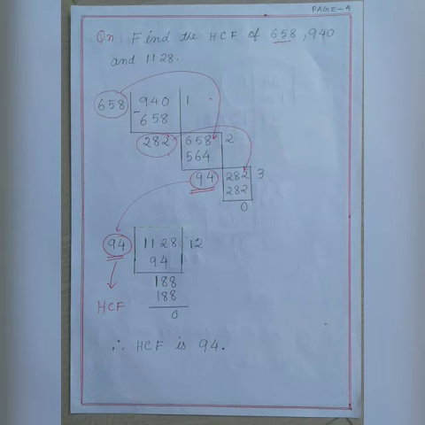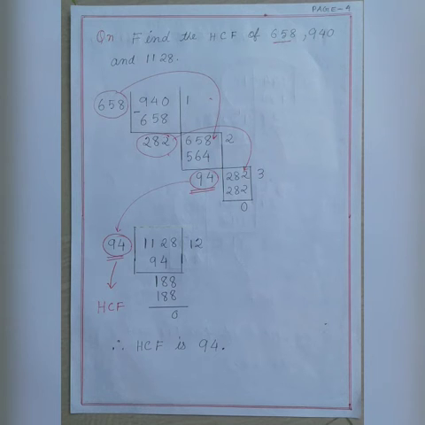Now 282 is brought as dividend. If I divide 282 by 94, I get quotient 3 and remainder 0. Now the HCF I have got this way.